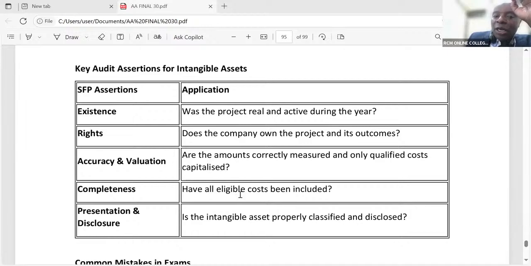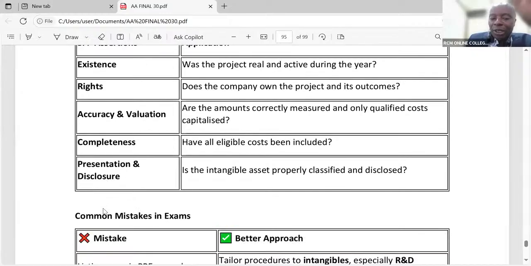Completeness: have all eligible costs been included? If they're not all included, then this thing is incomplete. Presentation and disclosure: is the intangible asset properly classified and disclosed? How is the classification? And in the notes to the accounts, have they done workings there? Do they have proper disclosure?